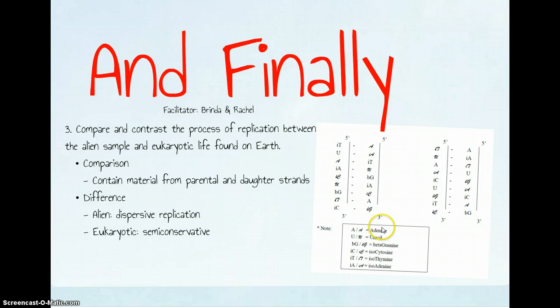If you look closely, you can see that there are italicized and regular font. The italicized are supposed to be the new DNA that is formed after the replication, and the regular font would be the parental. So parental, daughter, you can see they're both different kinds on the same strand, and that's dispersive replication like we went over, but eukaryotic is semi-conservative, so that's another big difference if you're comparing the different kinds of replication. But this also helps us out with the experiment we talked about before. We would expect it to be dispersive.